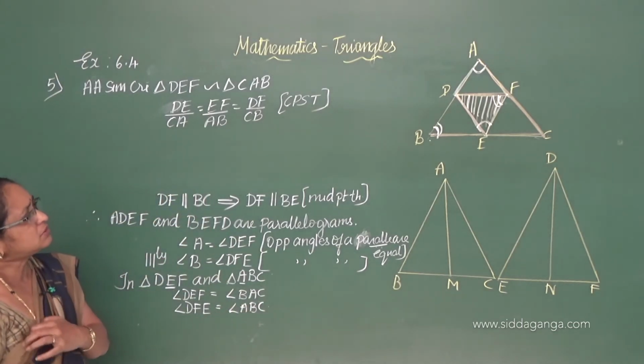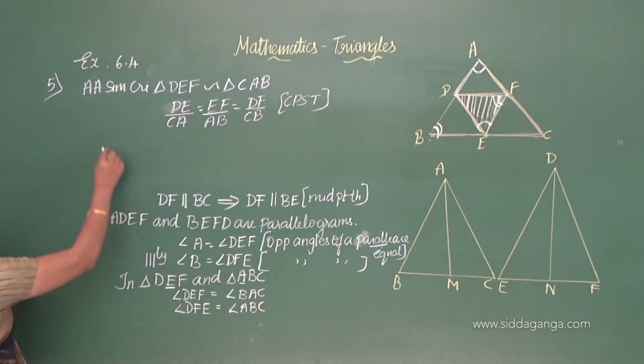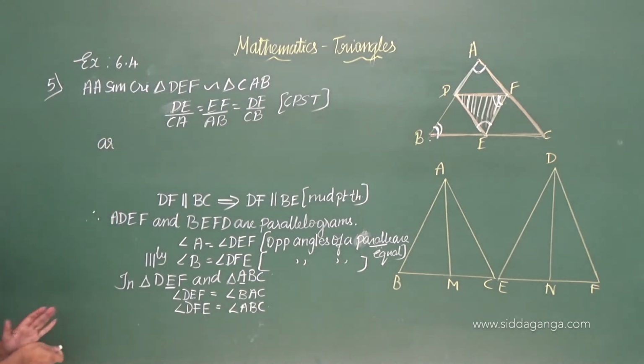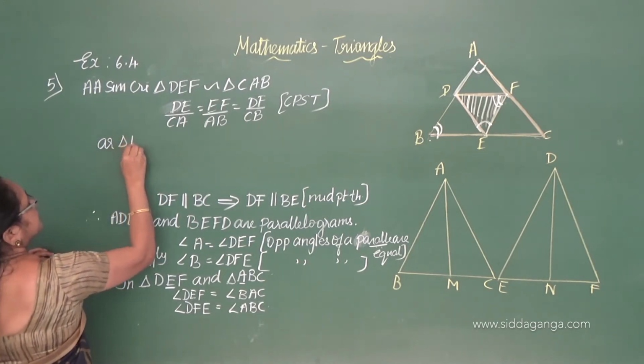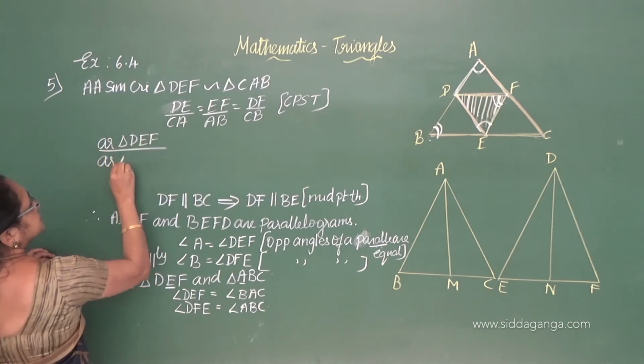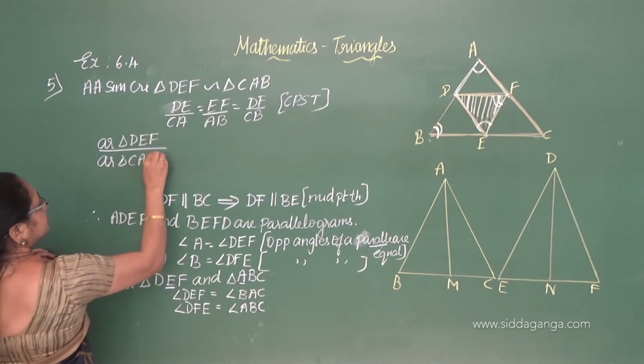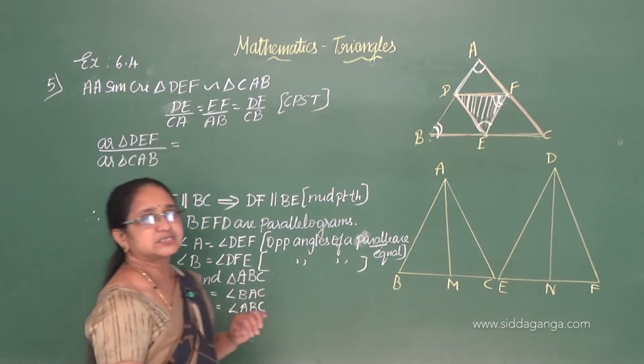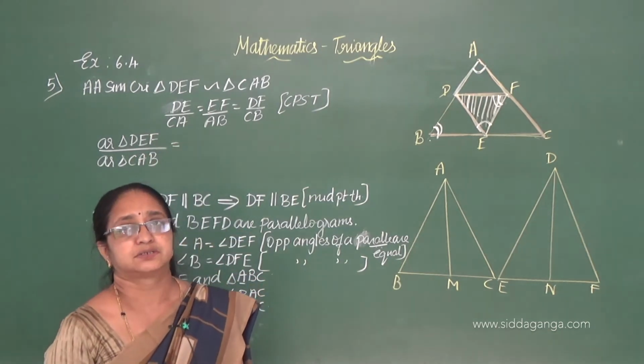Now let us see the area of triangle DEF. Now we proved that these two triangles are similar. So by the theorem we know about the squares of sides.